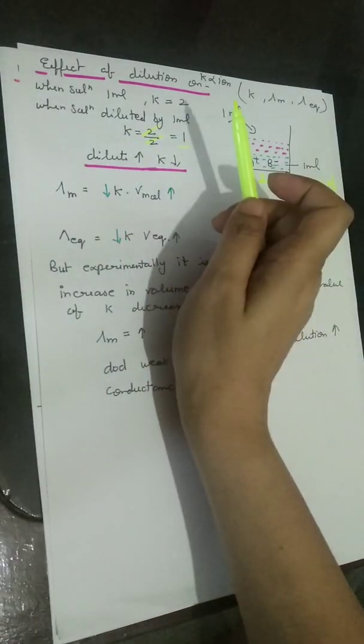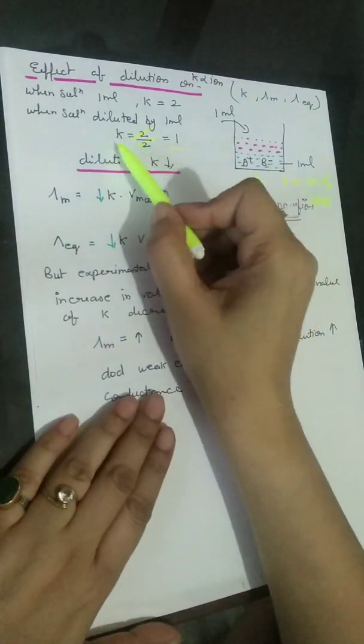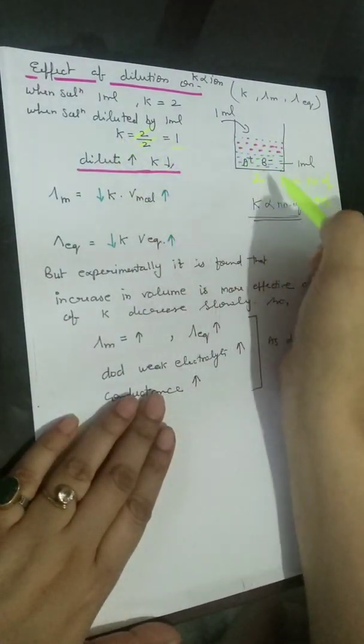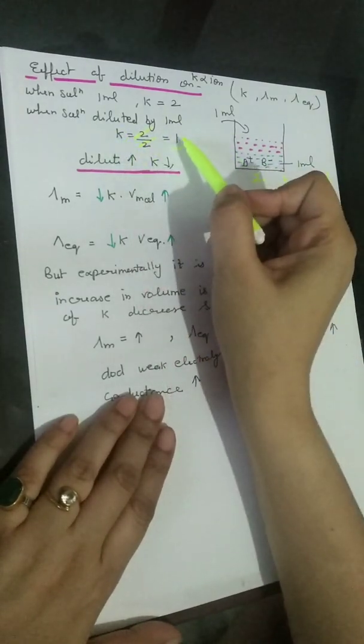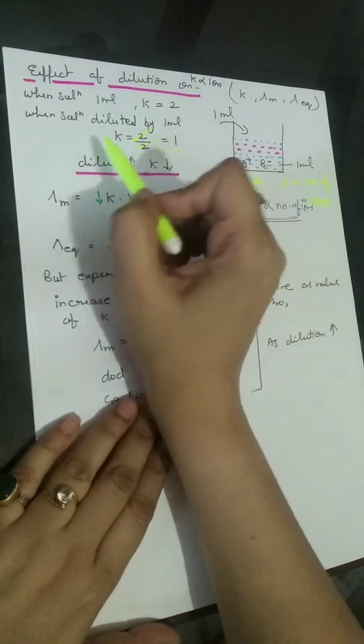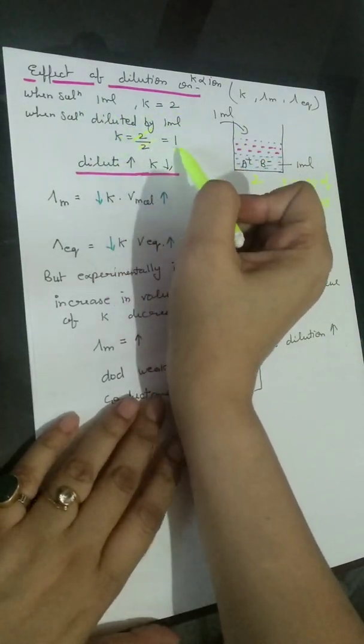As we dilute the solution, the value of kappa decreases. Before dilution the value of kappa was greater than now.